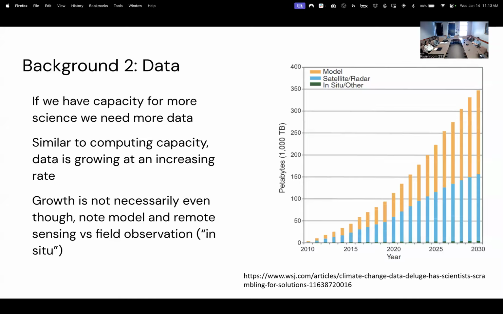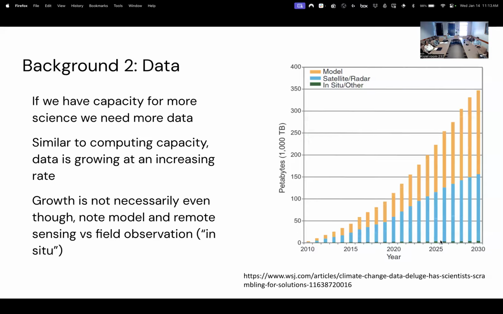And then the other thing that I wanted to mention, because we will talk about this in the syllabus stuff, is that the data sets are not evenly distributed. You see the orange here is model data, so climate model data, reanalysis, and things like that are huge. And then satellite and radar remote sensing data is the other huge part.